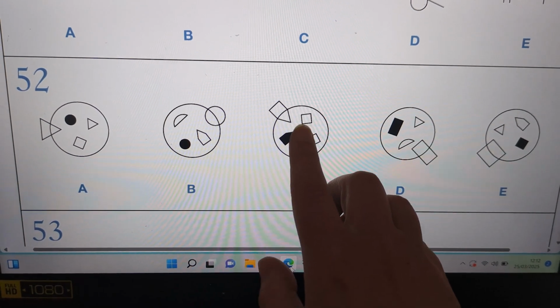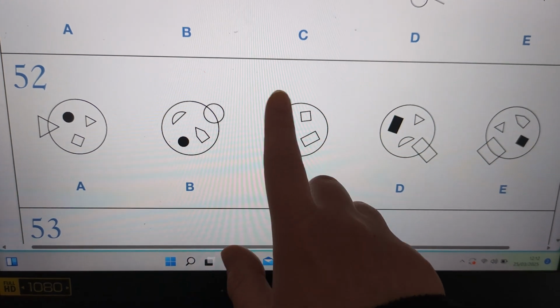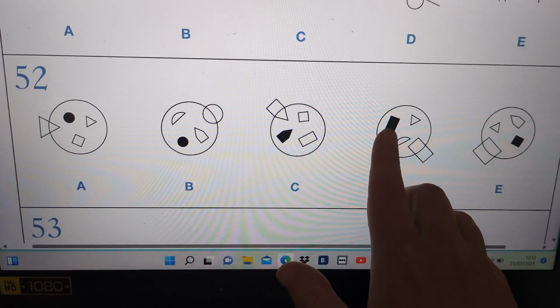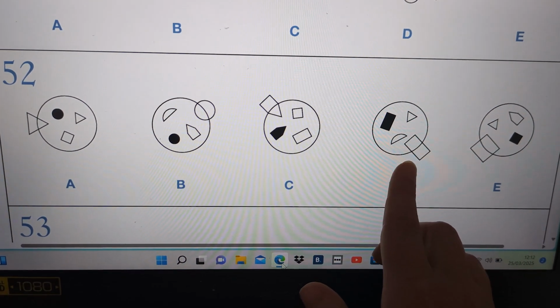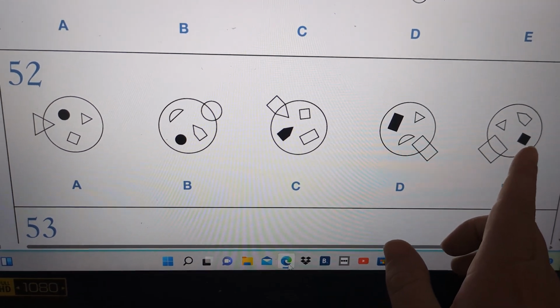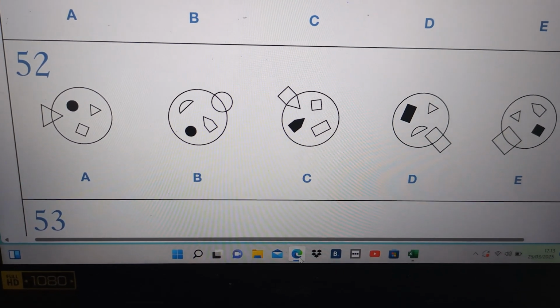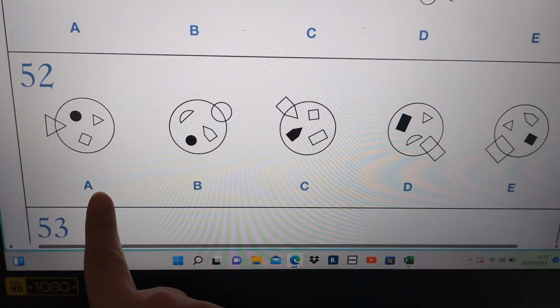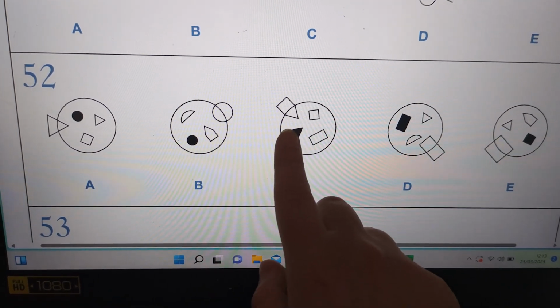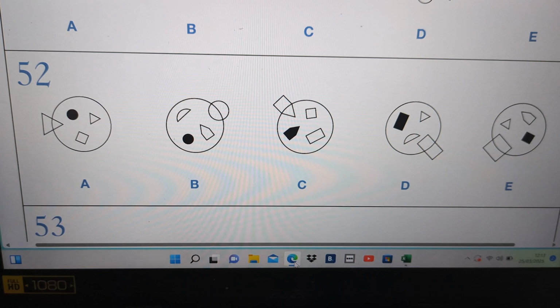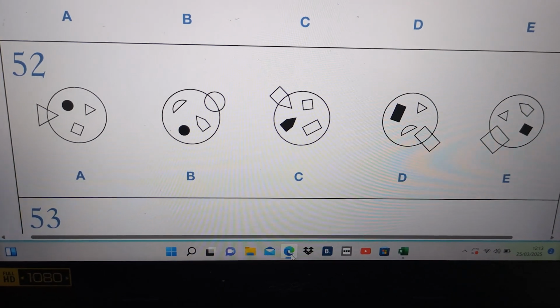We've got a black pentagon and it's a pentagon that's sticking out. We've got a black rectangle and it's the rectangle that's sticking out, and then the black square and it's the square that's sticking out. So the odd one out is A, because all the others, the black shape is the same shape as the one that's half hanging out.